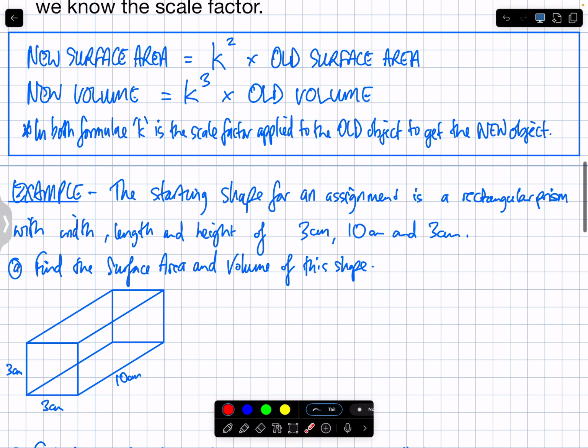And I'll just give you an example. Is it times? Yep, just k squared times by the old surface area and k cubed times by the old volume. Question? No, I just need the charger.